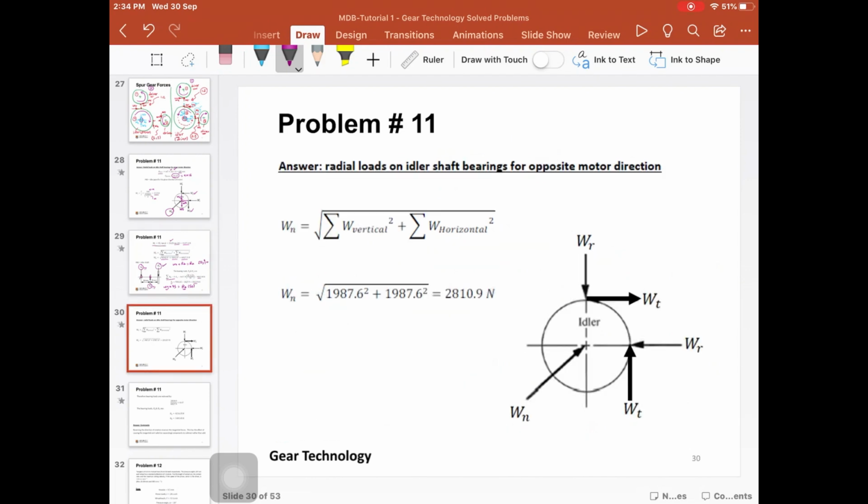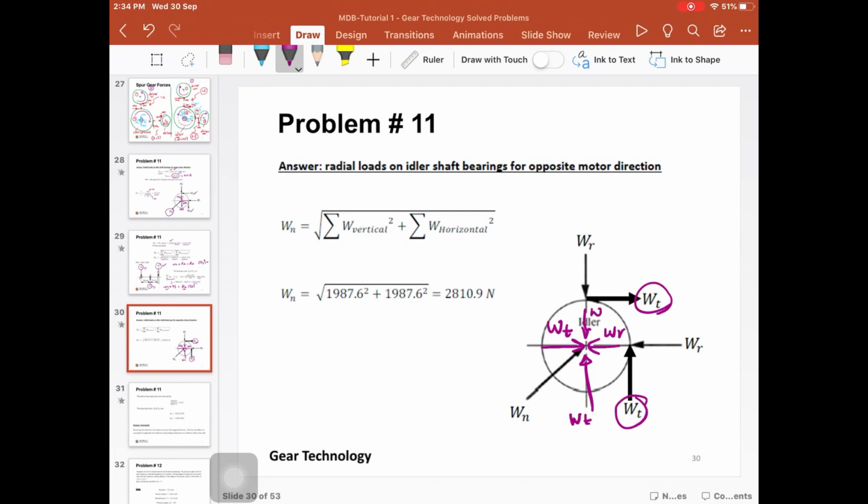For case number 2, when the pinion rotates in the counterclockwise direction, you see here the two components, they subtract. So Wr is going in this direction, and then this Wt, when you move it here, they subtract, and then this Wt here and this force here, they subtract as well.